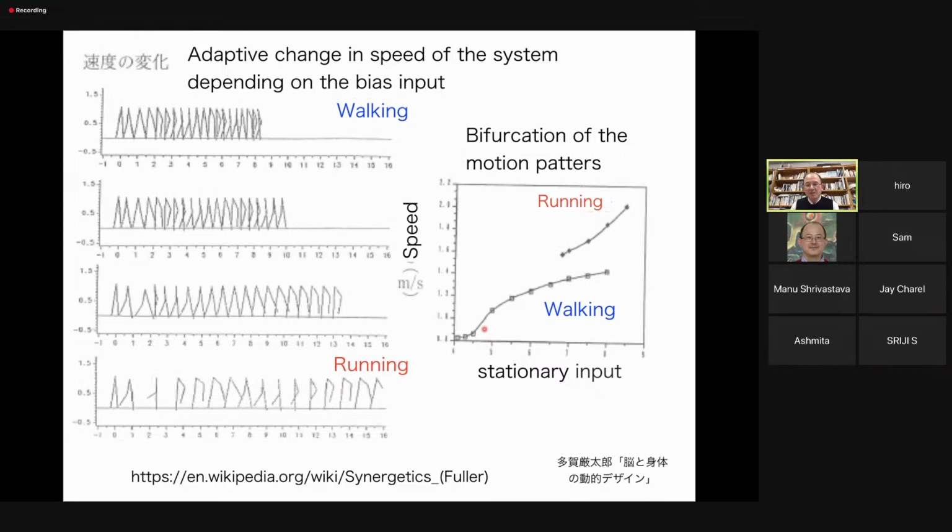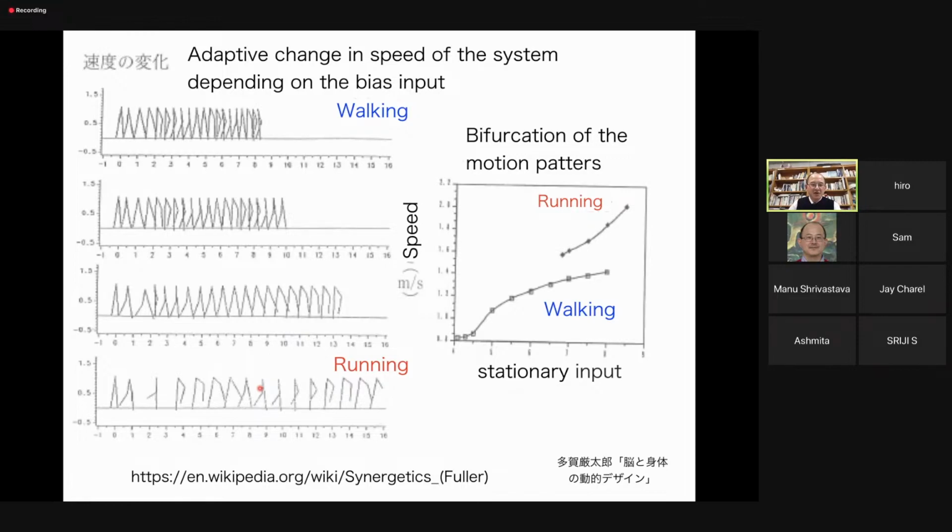If the stationary input is increased, the walking pattern is generated rapidly, the speed of the motion increases, and finally it jumps, transitioning to the running pattern like this. This is naturally generated, in the sense of the bifurcation of nonlinear phenomena, from the same system.